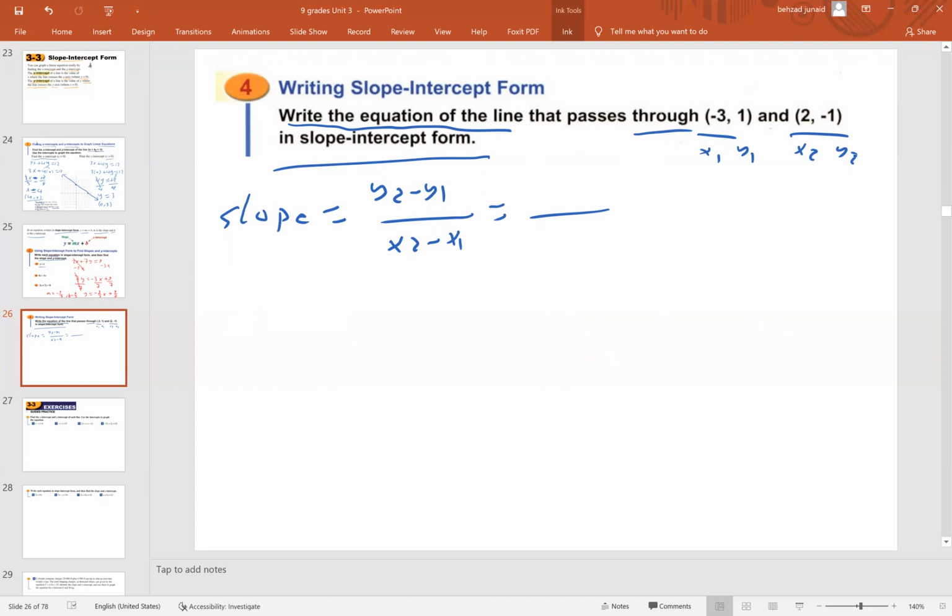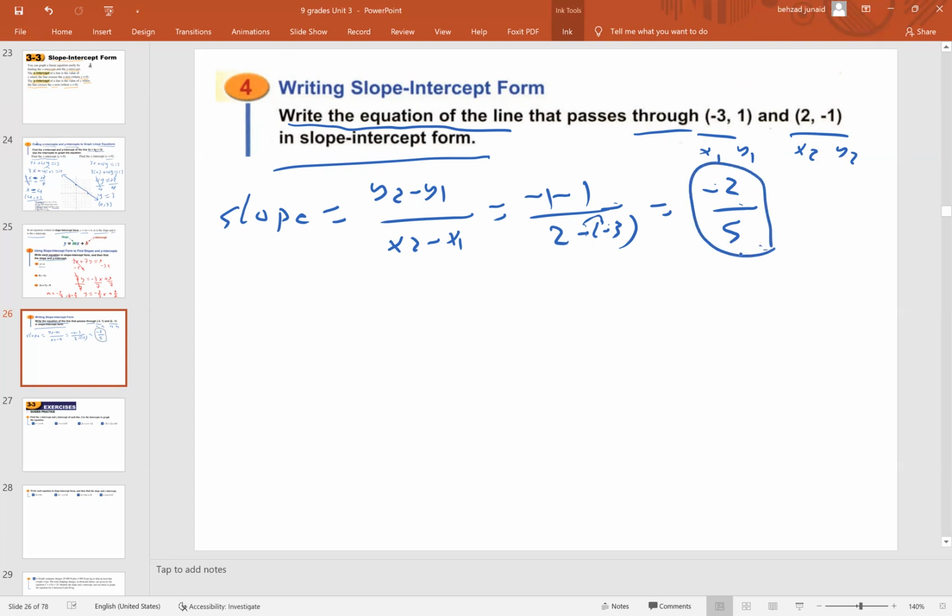Now we are going to write down the numbers. y1 equals 1, y2 equals negative 1, x2 equals 2, x1 equals negative 3. The result will be negative 1 minus 1 equals negative 2, and negative times negative equals positive, 2 plus 3 equals 5.